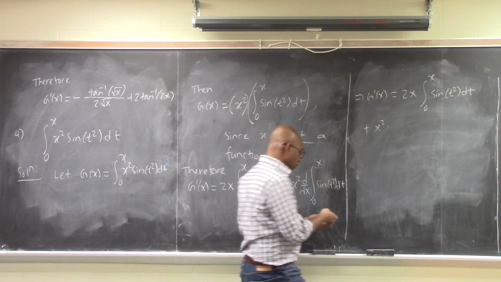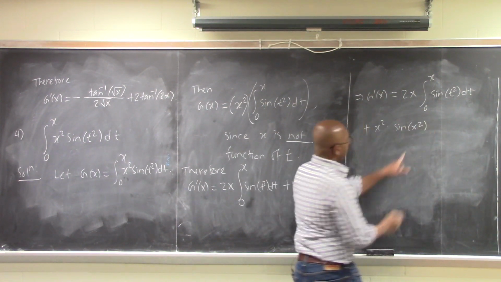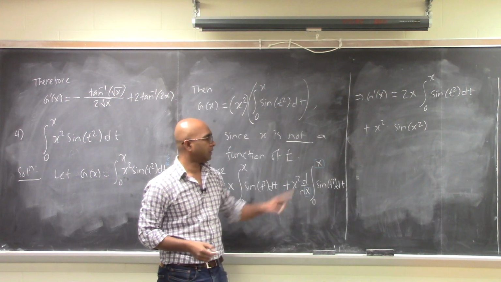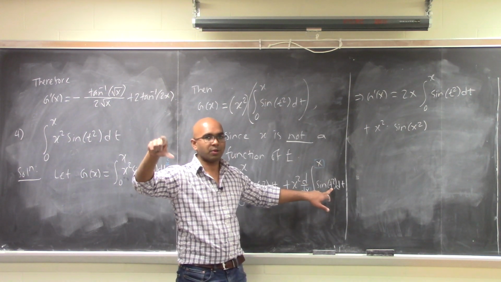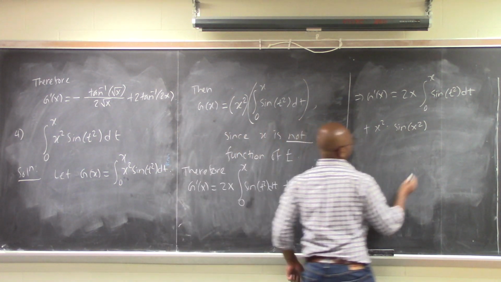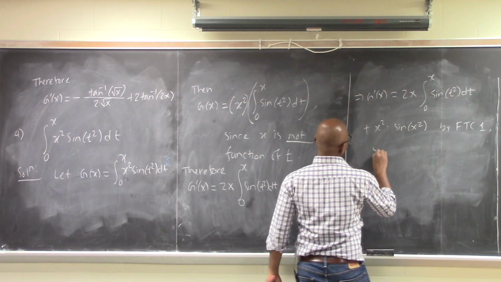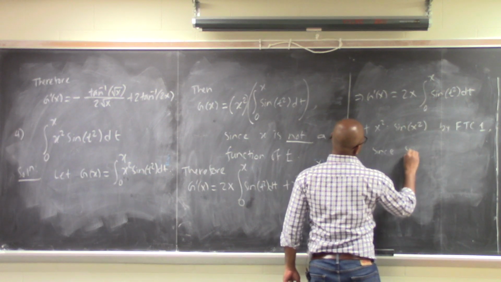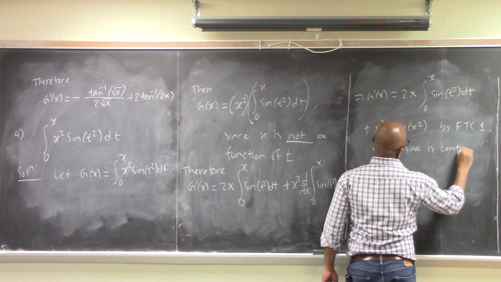So then this is going to be sine of x squared. Okay, don't forget that part. So x will just replace t, but you do not replace the square. You need to have that square. Okay, so this by FTC1, since sine is continuous everywhere.